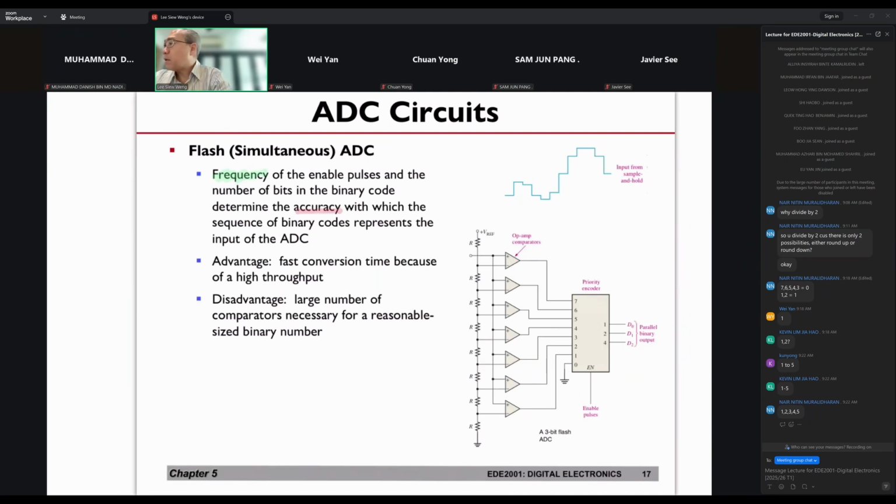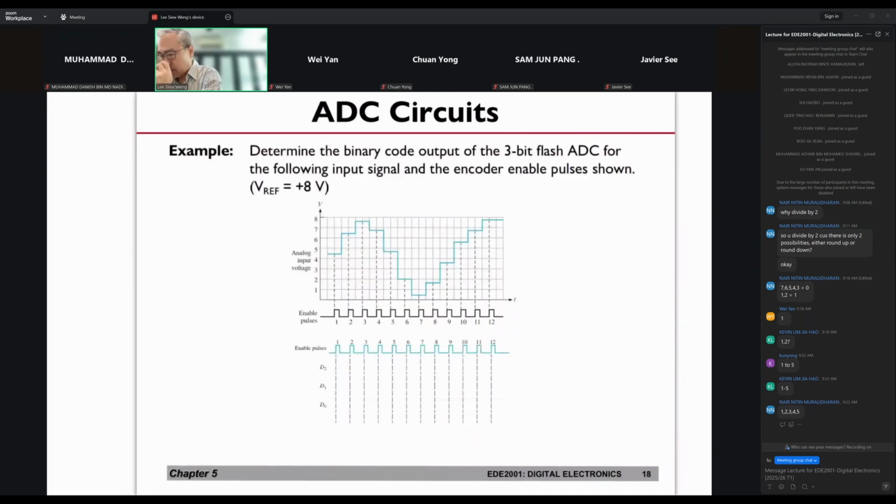Let's go to the example straight away. Let's take a look at the example over here. I'm going to do the very first part, then after that, I will need you guys to try on your own.